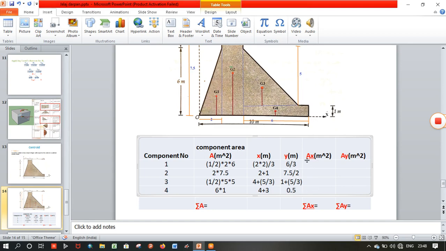So now multiply A x, where A is the area, and multiply these two parameters first.